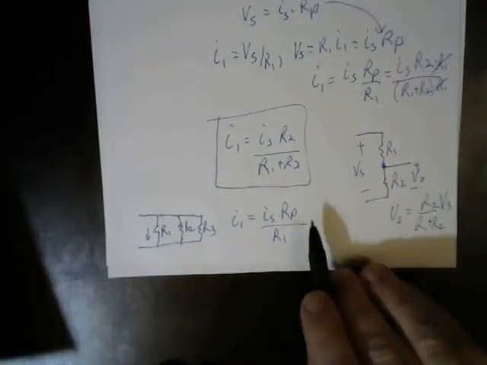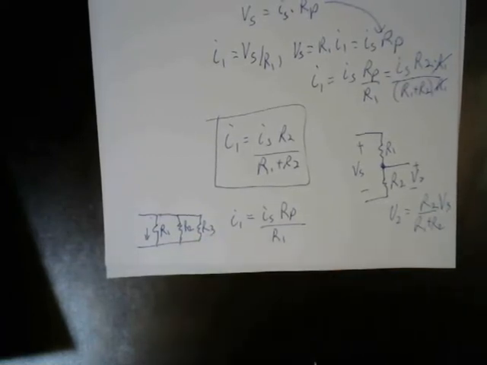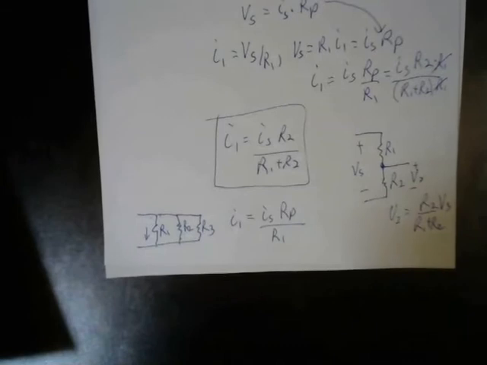So sometimes the parallel resistance is 1 over R1, 1 over R2, 1 over R3, but regardless, you end up with a relationship that's IS RP over R1. That's the current division equation. Now you can solve circuits with that.